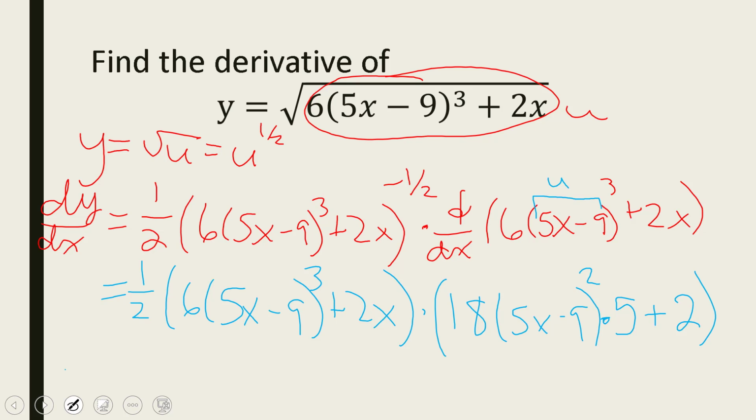And we can simplify this a little bit. I ran out of space, but maybe I can squeeze it in here. I left off a negative 1/2 power as well.